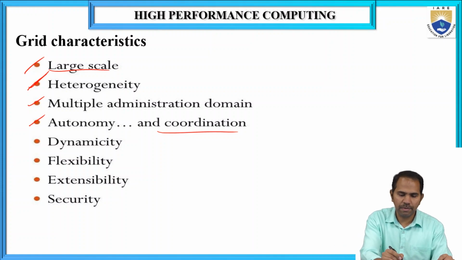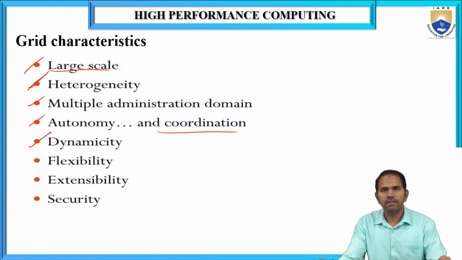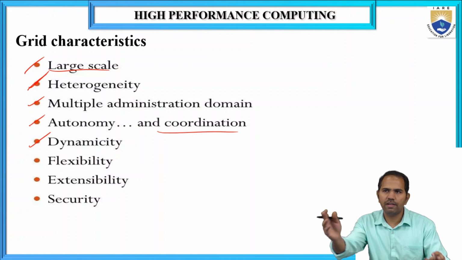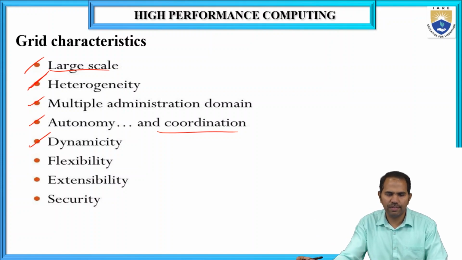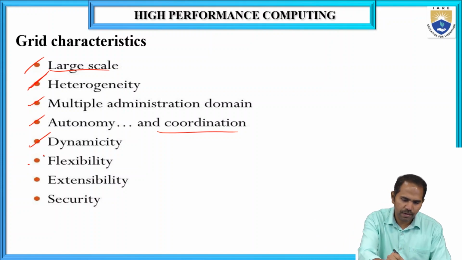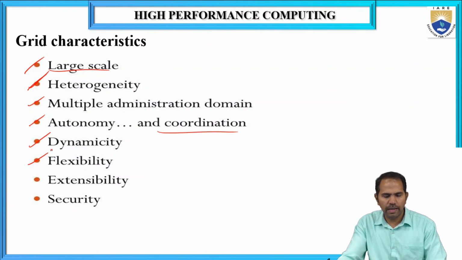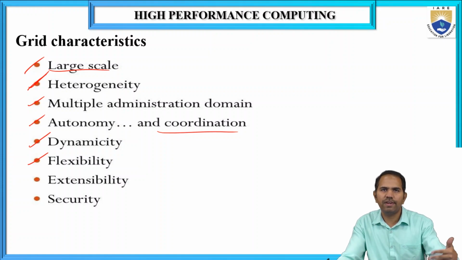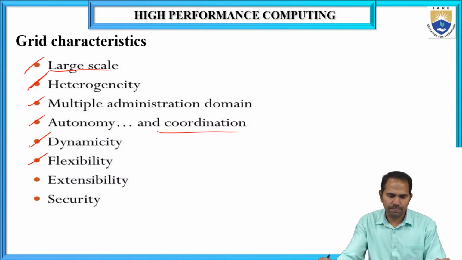And dynamicity. The program has to be executed dynamically. If it requires more resource power, the task has to be distributed dynamically and completed. And flexibility, it has to be more flexible. And extensibility, it has to be possible to extend to different systems.